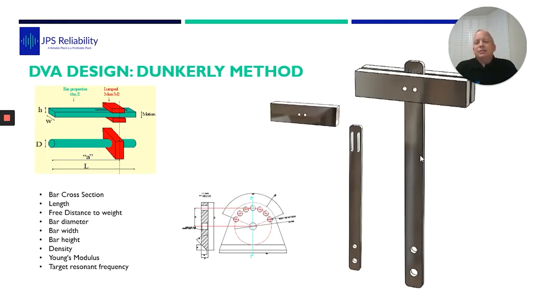So I've been looking at these since I did my level 3 back in Australia, and there's a few different methods, the Den Hartog method and the Dunkerley method, and I decided to go for the Dunkerley method. Basically, by knowing the material properties, the Young's modulus, the density of the steel, the distance from the fixing point to where your mass is, you can actually make a piece that will self-resonate or excite at a certain frequency.